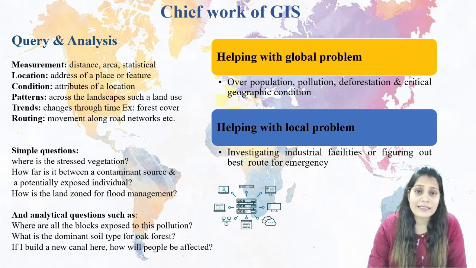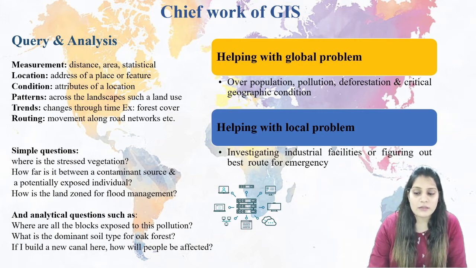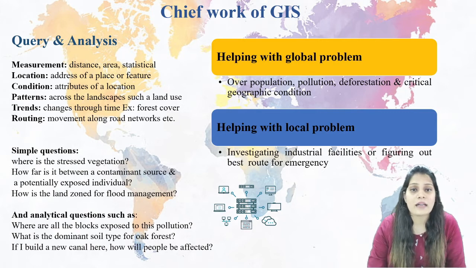Now what type of questions can it answer? There are very simple questions. Where is the stressed vegetation? How far is it between the contamination source and a potentially exposed individual? Right? So from the area I can find out which is the contamination source, where the cases are more from the original places, which area is the highly affected area for the disease, for example.